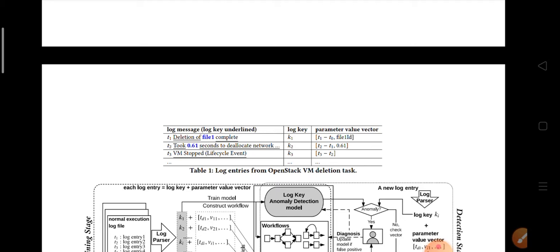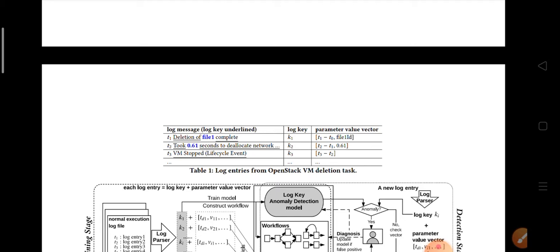So the first step is that we need to extract this type of underlined log key. That underlined pattern is named a template. If any message like this comes in your log file, it goes into the template or log key K1. That is how we extract the log key from the log file.